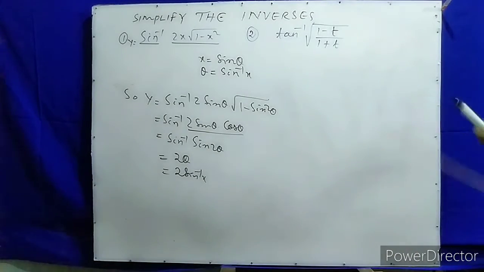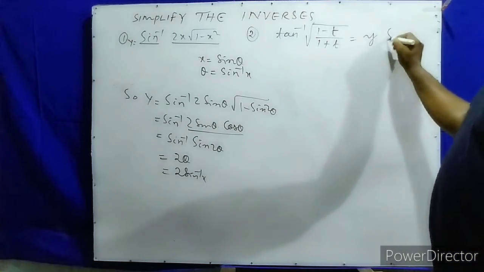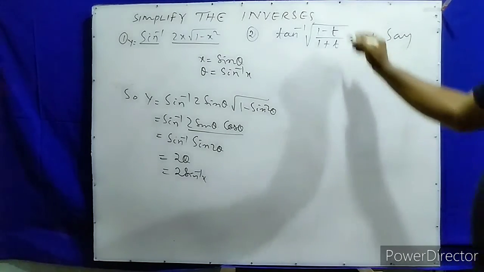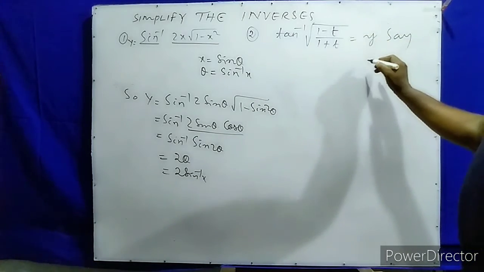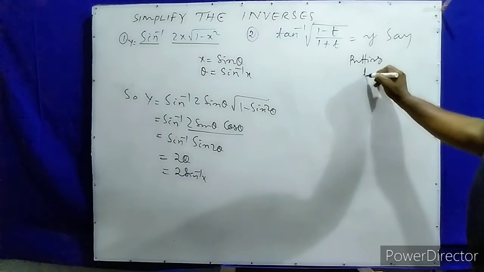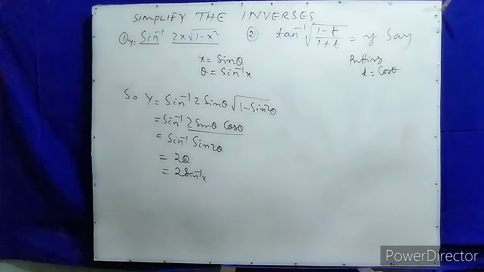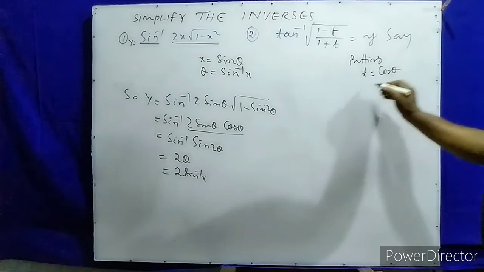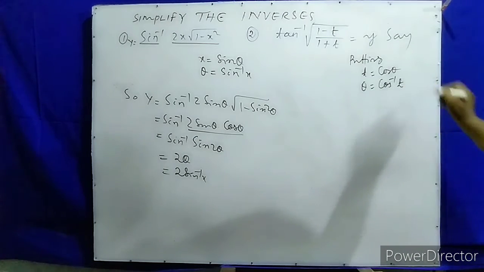So here, let this one equal to y. Instead of x, here t is written. So putting t equal to cos theta, because I have told the formula, that is theta equal to cos inverse t.